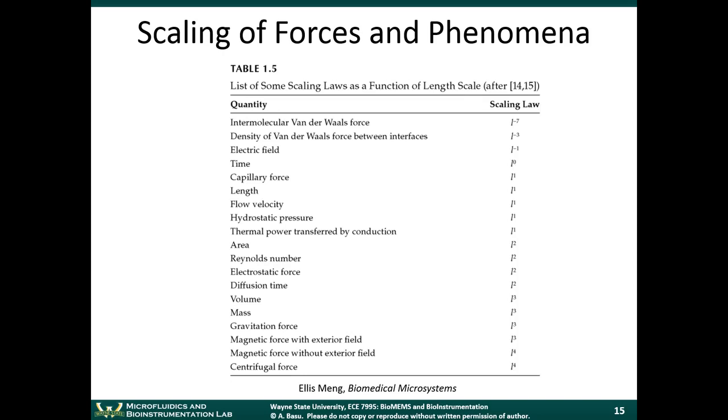The forces and phenomena that have large negative exponents are the ones that become very significant at small length scales. The phenomena that have large positive exponents are the ones that become more significant at the macro length scales. So things like gravitational force.